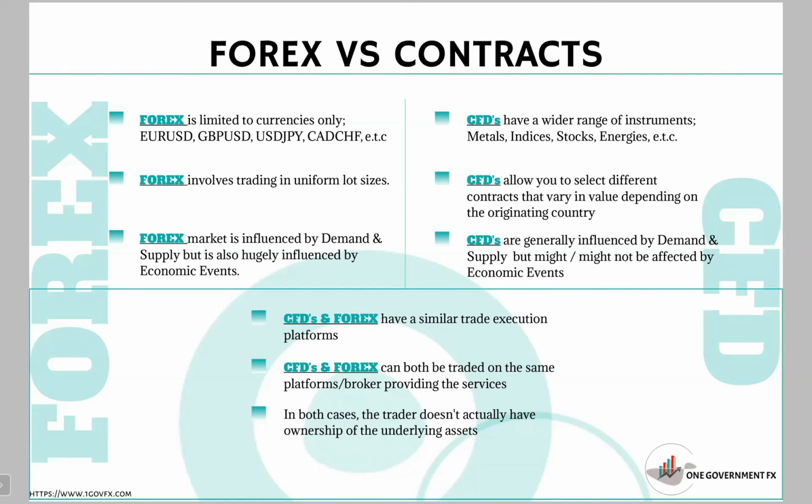For instance, the value of the contract for an index in the US would not be the same as the value of a contract for an index in Japan or China. So the countries determine the value of the contract. Unlike Forex, Forex has a uniform value everywhere. Even if you're trading euro against the US dollar or the pound against the US dollar, the value of each lot price stays the same.